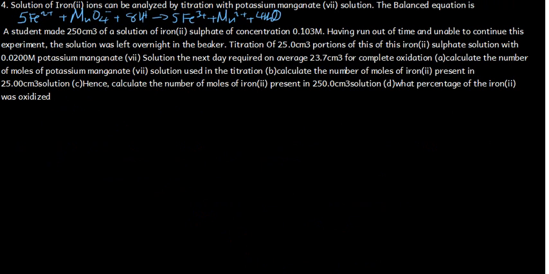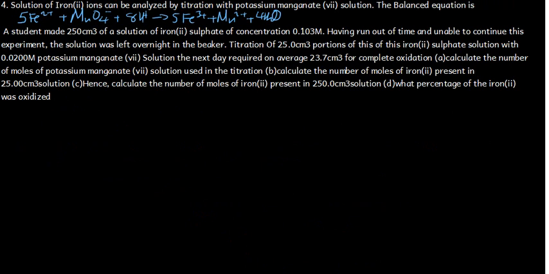Another question given here. A solution of iron 2 ions can be analyzed by titration with potassium manganate. The balanced equation is shown there. A student made 250 cubic centimeters of solution of iron 2 sulfate of concentration 0.103 molar.